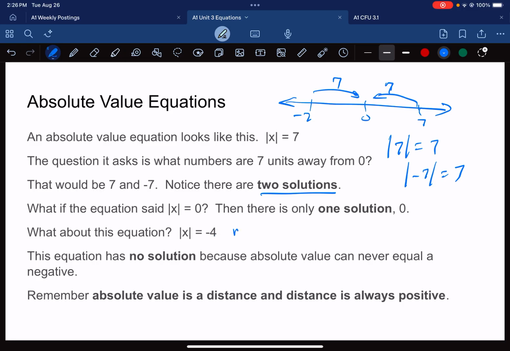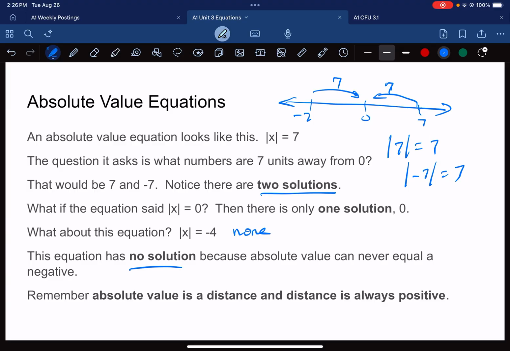Well, there are no such numbers. No number is negative 4 units from 0 because absolute value is a distance. We don't say distances are negative. Okay? The equation has no solution then because absolute value can never equal a negative number. Just remember, absolute value is a distance, and distance is always positive.